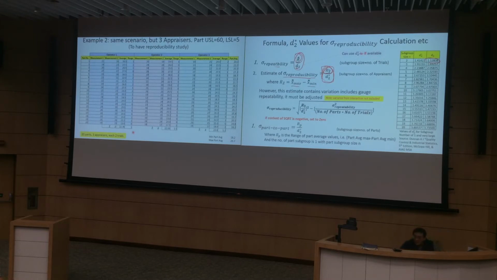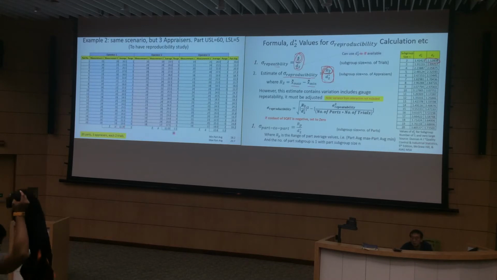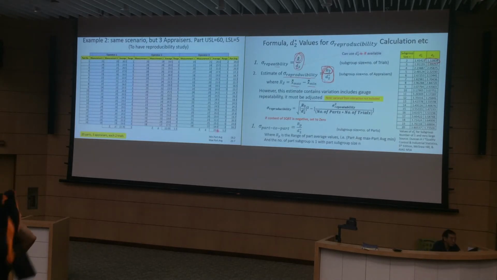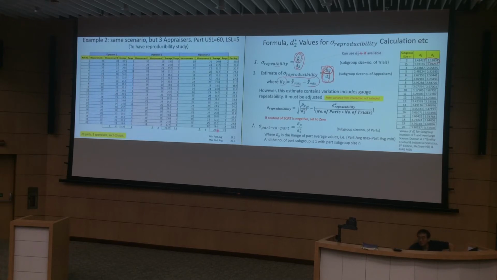In this case, we have these numbers here, 22.30, 22.05, 22.06. We can get the max of that minus the minimum of that, and get this range of the mean of each one. And then this number here, we can read it from there.